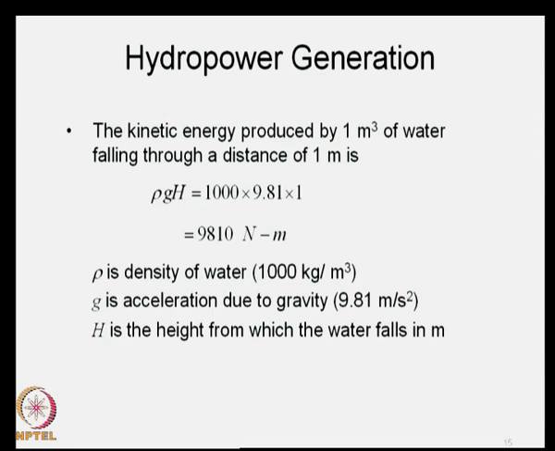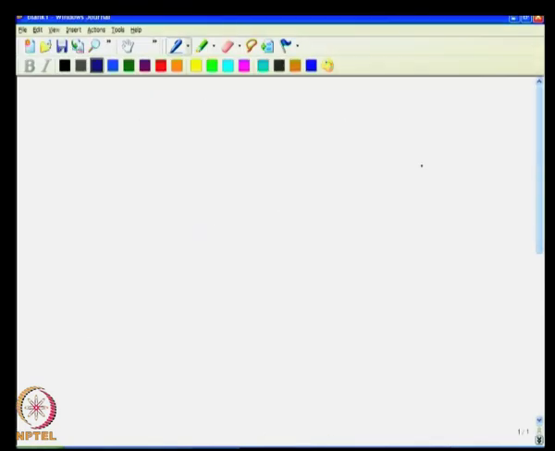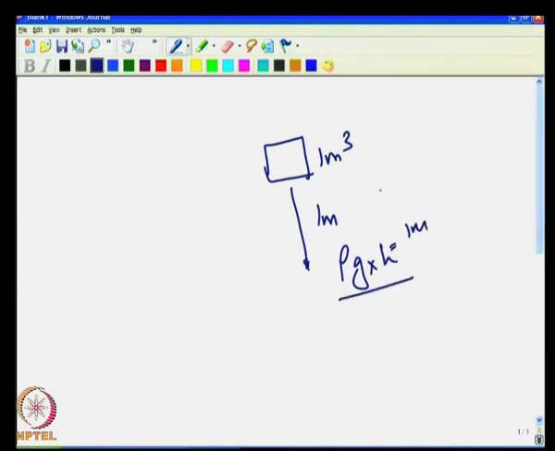From your early physics, you know that if 1 meter cube of water falls through 1 meter, it has energy. This is rho into g into h, where h is the height through which it falls.